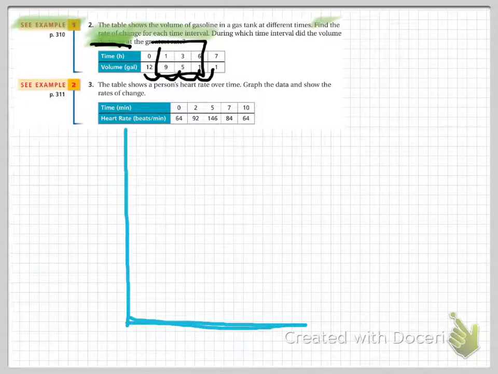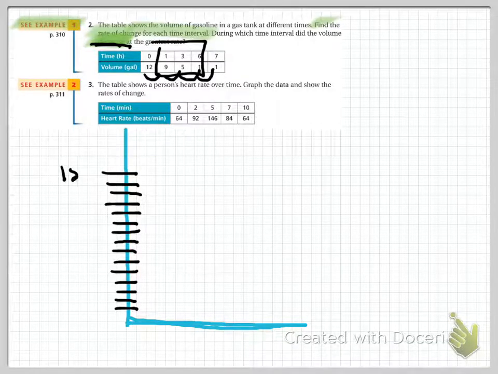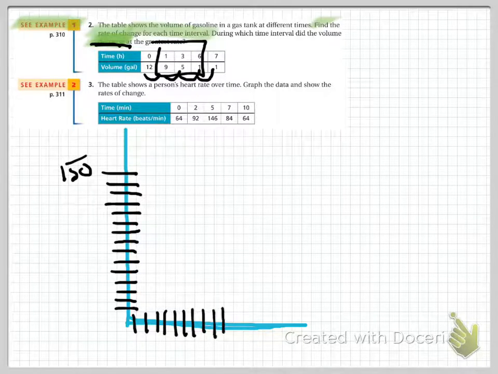I think I'm going to count by tens, because I have to go up pretty far here. So we're going to call this 10, 20, 30, 40, 50, 60, 70, 80, 90, 100, 110, 120, 130, 140, 150. And then going across, 1, 2, 3, 4, 5, 6, 7, 8, 9, 10.